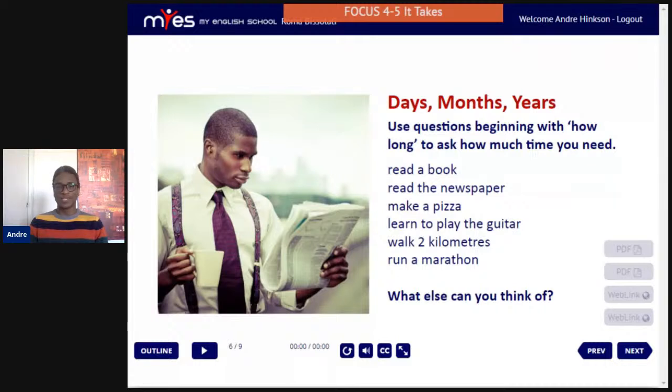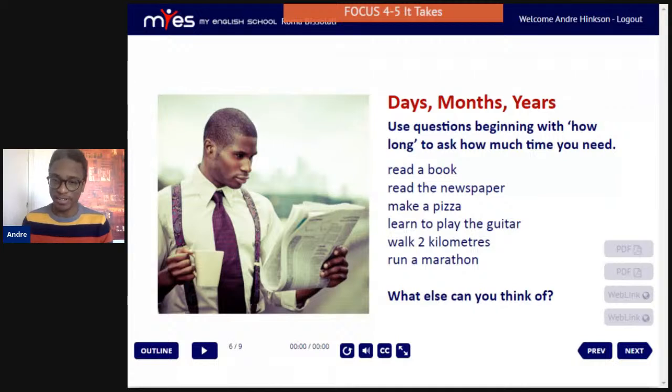So Pasquale doesn't know how long it takes to make a pizza because he buys it from the restaurant. But generally, Pasquale, it takes about 3 to 4 hours to make a pizza at home. But I'm sure it takes maybe a couple minutes to buy pizza from the restaurant.